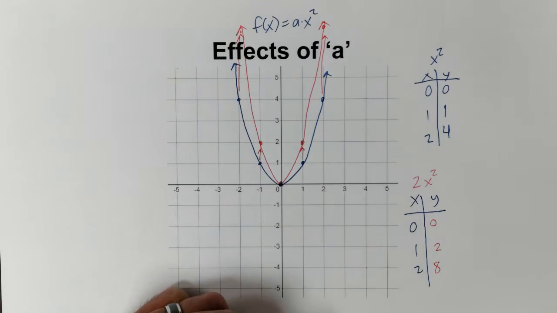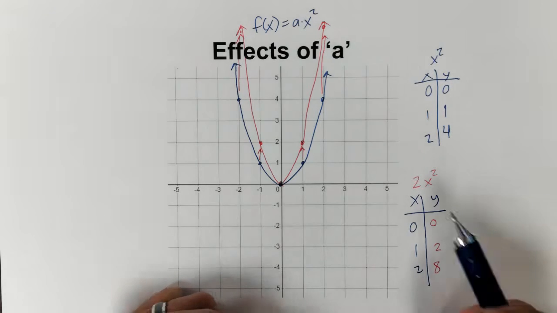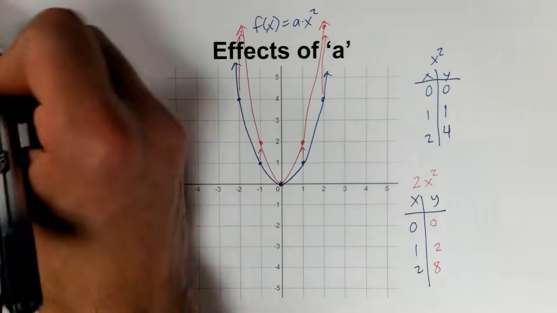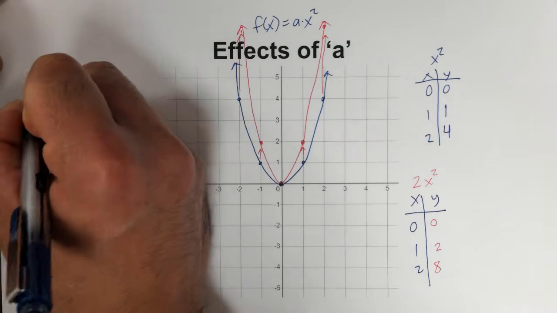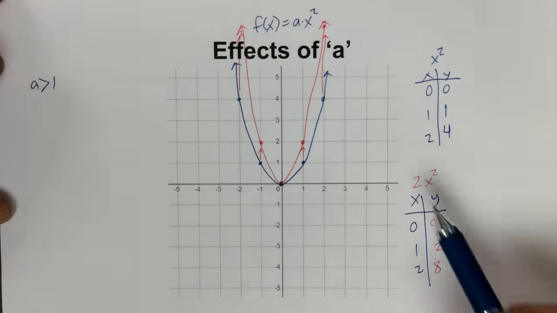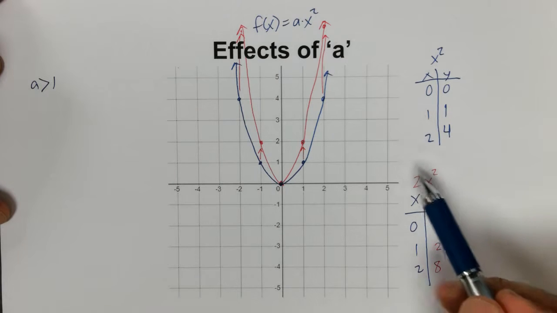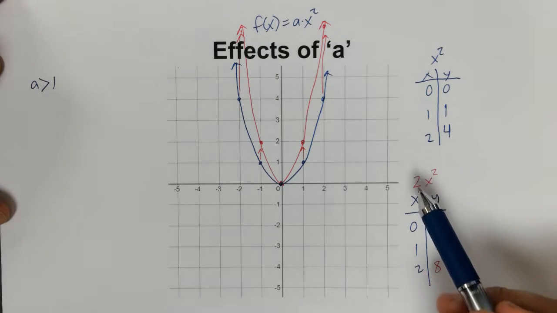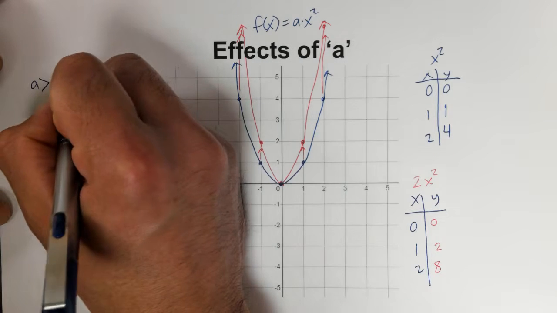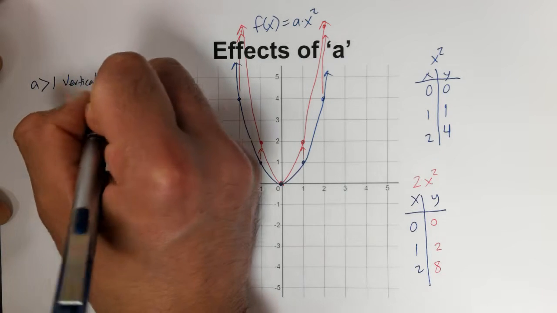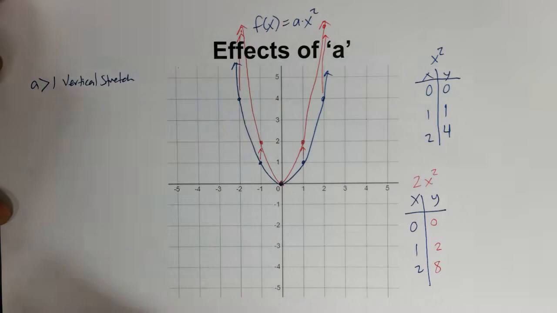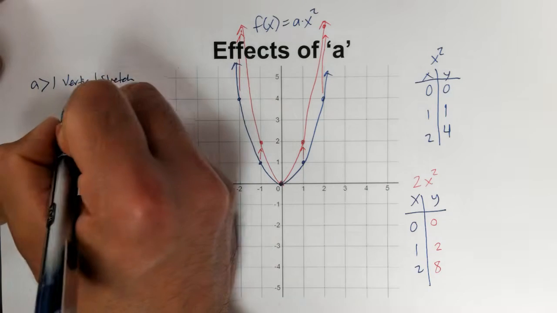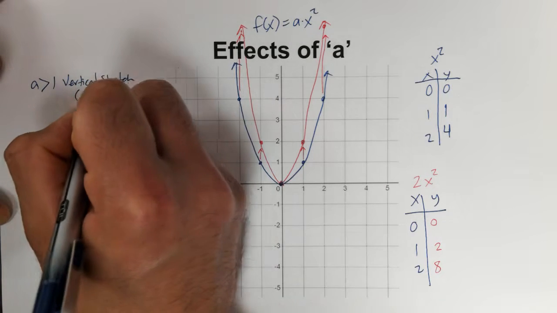So we call this a vertical stretch because the function was stretched vertically, or in other words, it got narrower. So when the a value is greater than 1, if I multiply by 3, by 4, by anything in the front greater than 1, I'm going to get a vertical stretch. The function is going to get narrower.